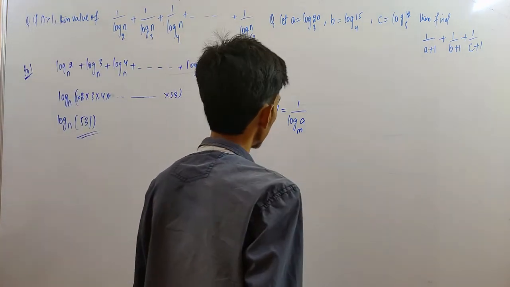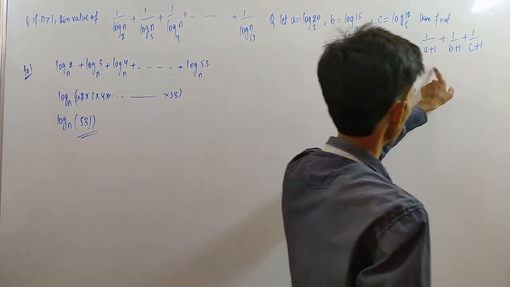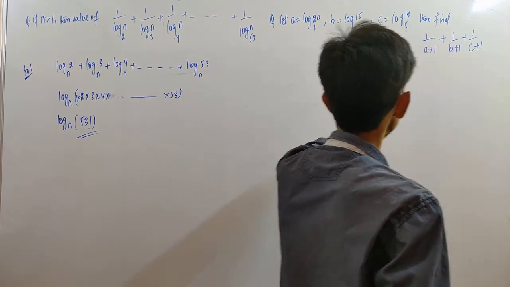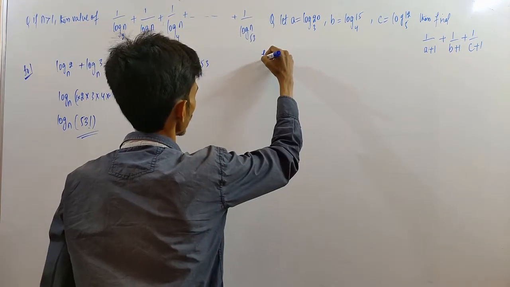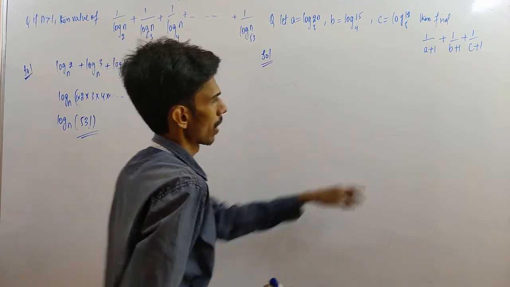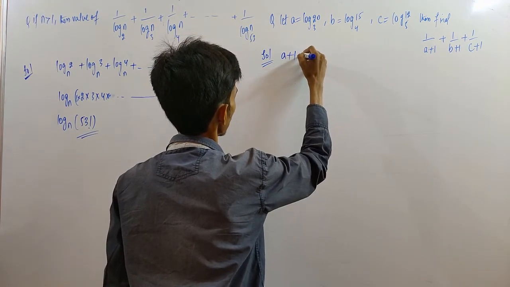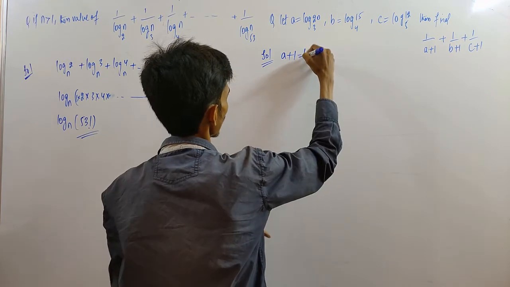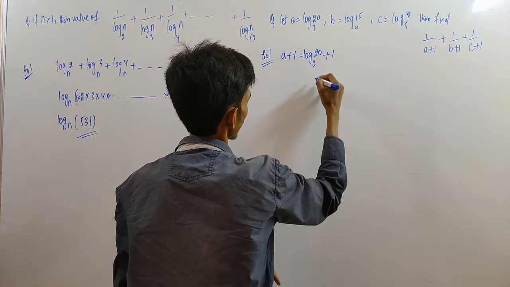Similarly, we have to find the value of 1 by a plus 1, plus 1 by b plus 1, plus 1 by c plus 1. We have been given the a value, b value and c value. Now let us solve this question. Let us calculate a plus 1 first. The a value is log 20 base 3, plus 1.